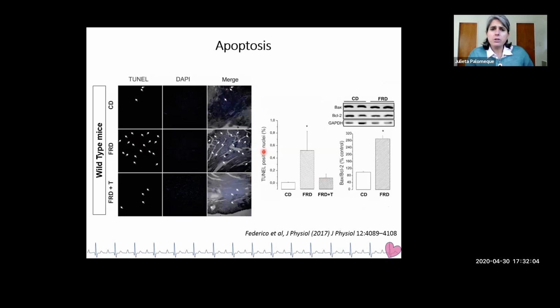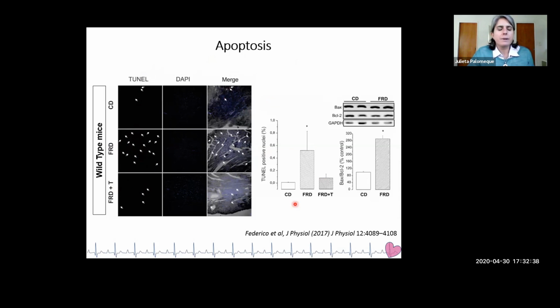Because apoptosis is also a phenomenon seen in diabetic cardiomyopathy, we looked for this phenomenon in our prediabetic model, and we can see that the FRD-treated hearts have increased apoptosis, and this apoptosis could be prevented by tenfold.